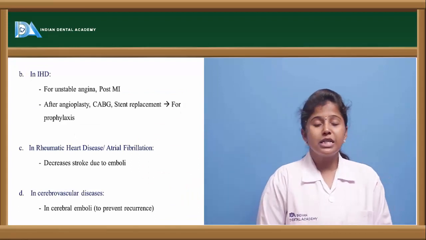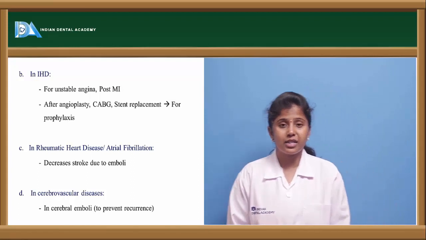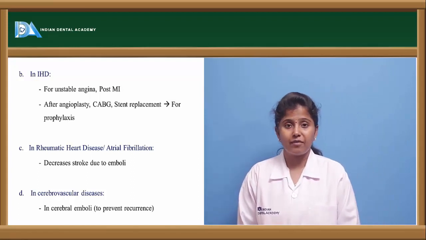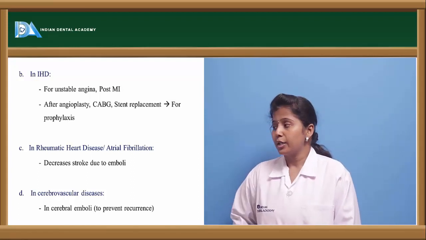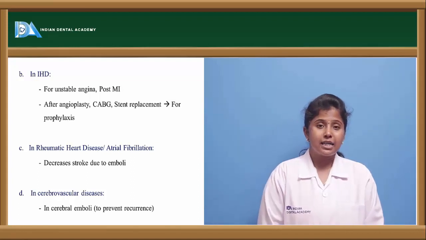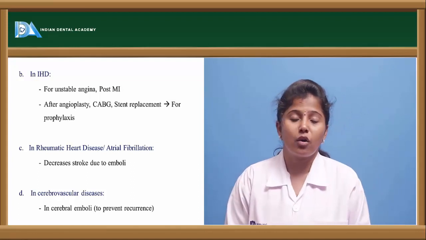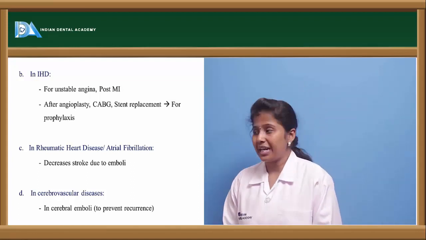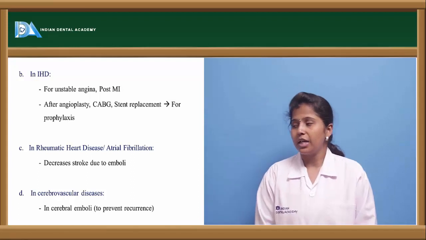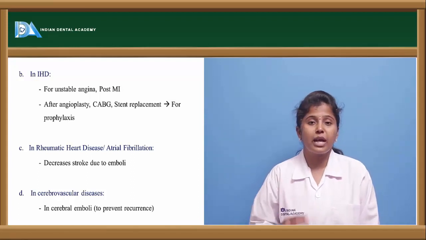And it is used in heart diseases for unstable angina. For unstable angina and myocardial infarction it is used, and it is also used after angioplasty, coronary artery bypass graft and stent replacement. In all these, it is used as a prophylactic agent, and it is used in rheumatoid arthritis in order to reduce the stroke caused by the embolus formed.